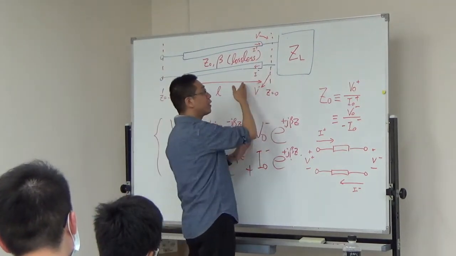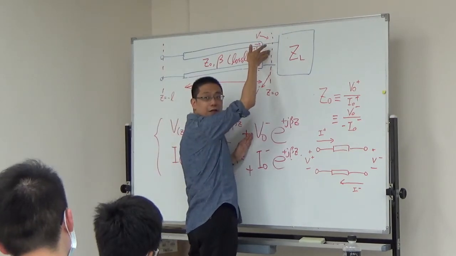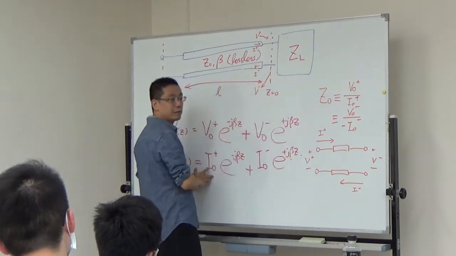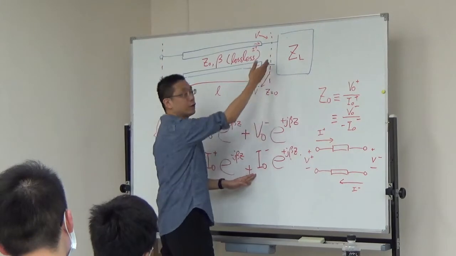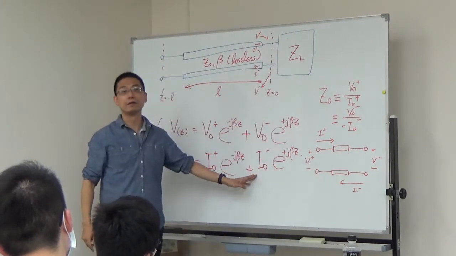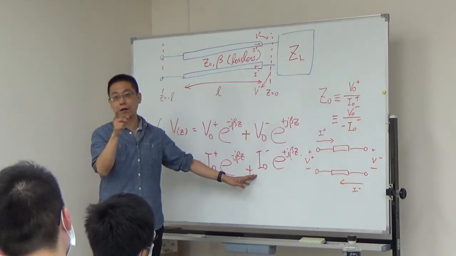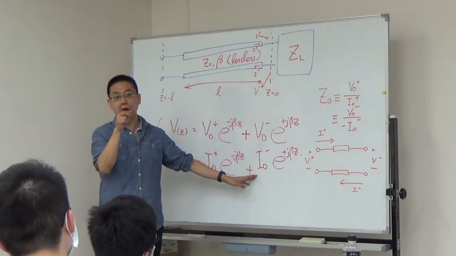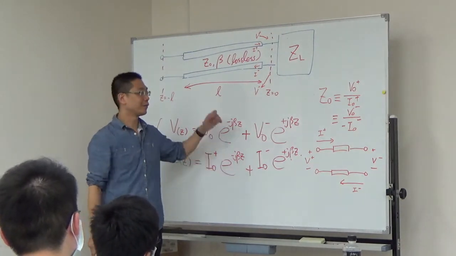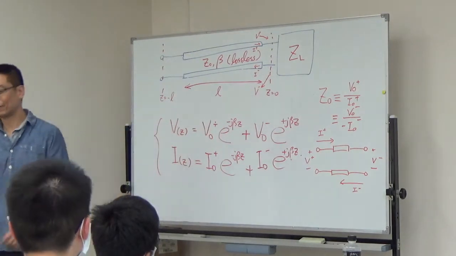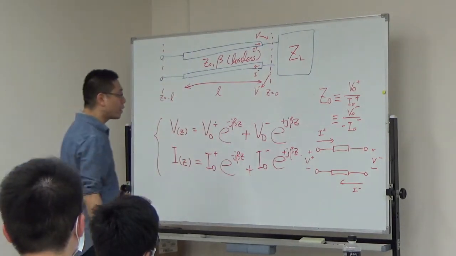This is the negative voltage here. Also, this is the current here and the current here. Okay? So none of you totally understand what they are. That's the reason why you don't understand.